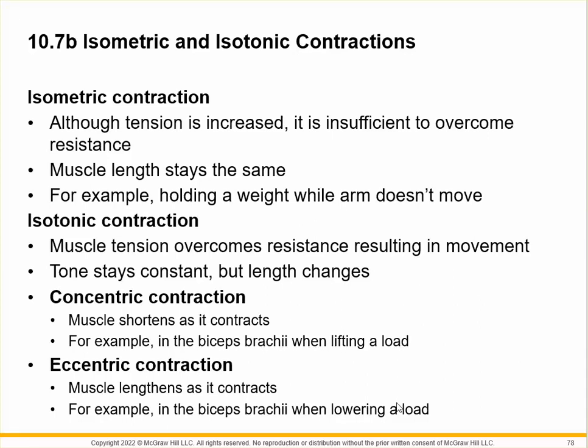An isometric contraction is when the cross bridges happen and there's tension being created by the cross bridges, but the thin filaments are not moving because the load that you're trying to move is greater than the tension that the muscle is able to produce.